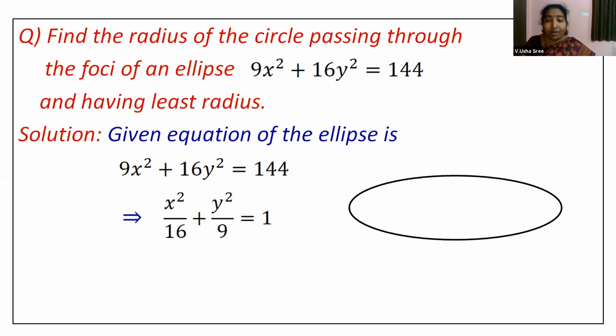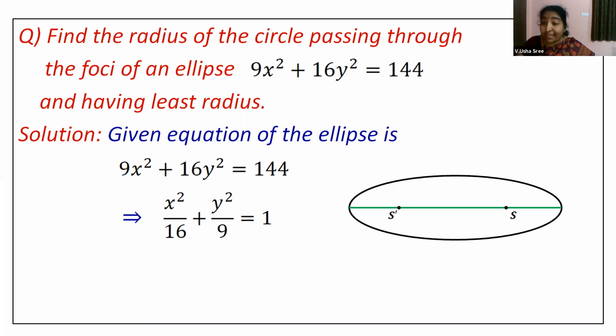Now, this is an ellipse. Of course, when I say ellipse, it will have the foci S and S dash. What has he given, children? The radius of the circle passing through the foci of an ellipse. We need to find the radius of the circle which is passing through the foci.